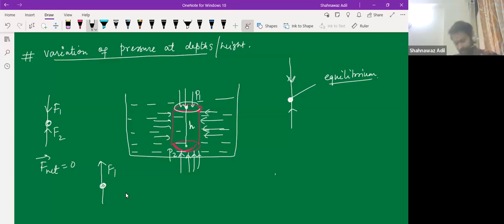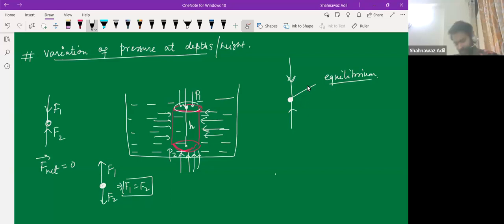So these are pressures. How can we write force from these pressures? What is the relation between force and pressure?